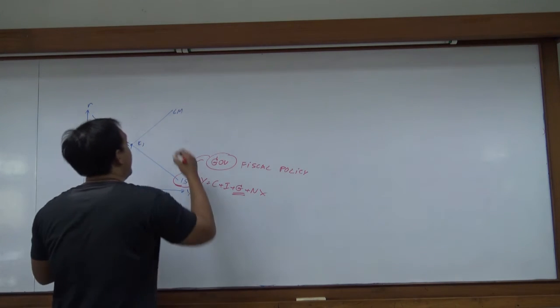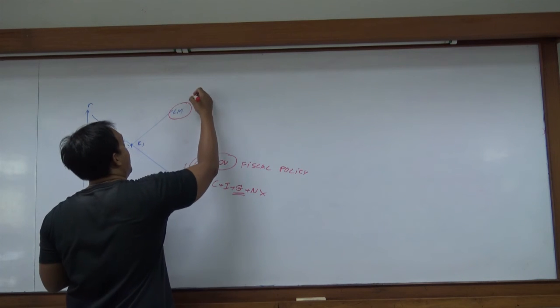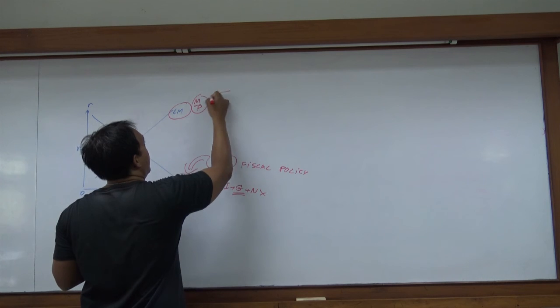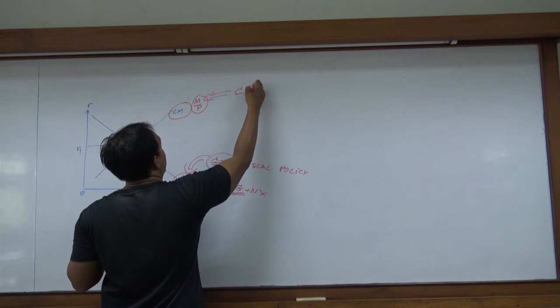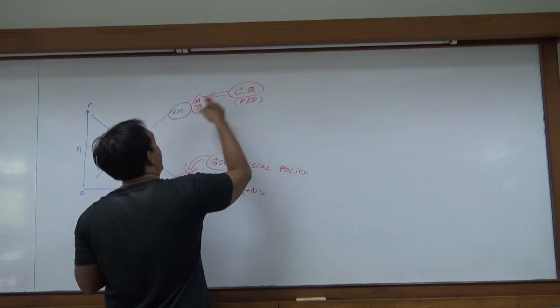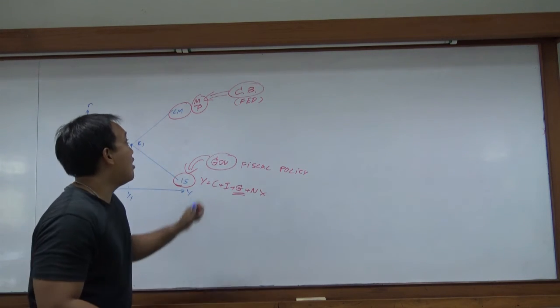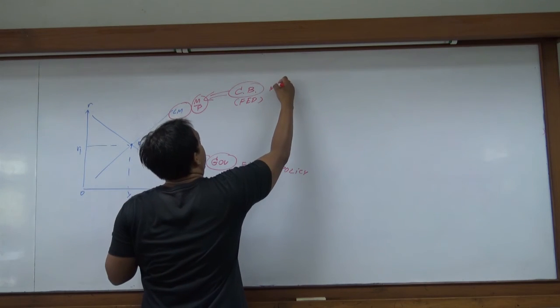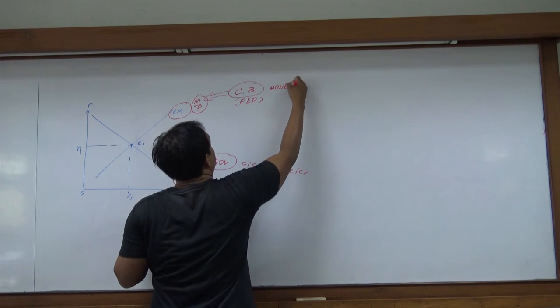On the other hand, the LM curve depends on the real money supply, M over P. The central bank, CB or Fed, can control the amount of money in the economy, and so they can control the LM curve by using monetary policy.